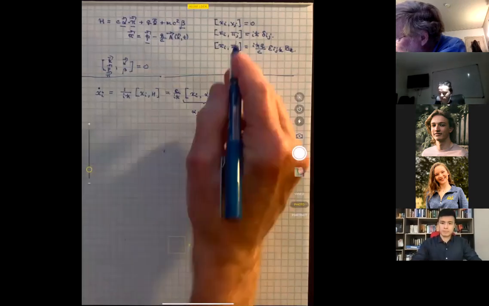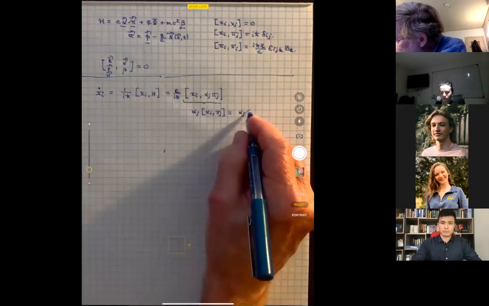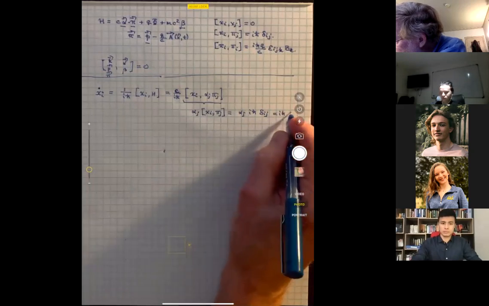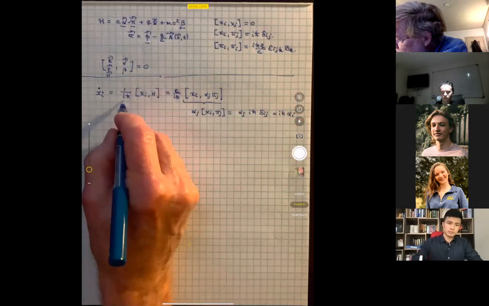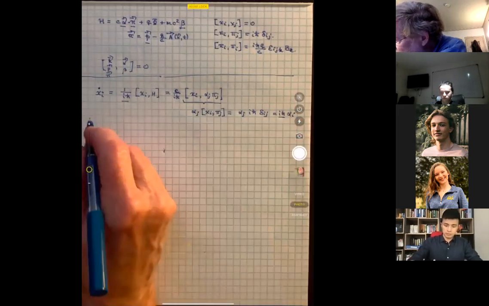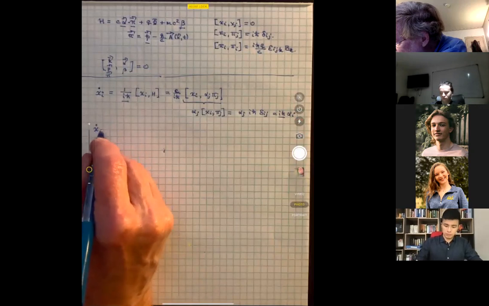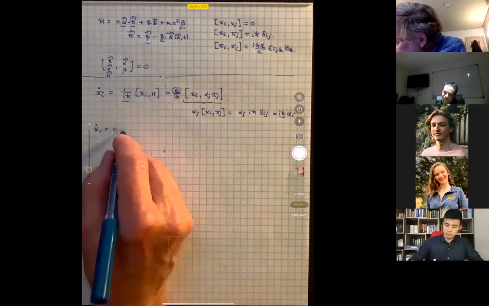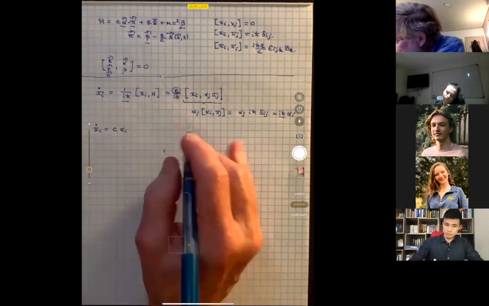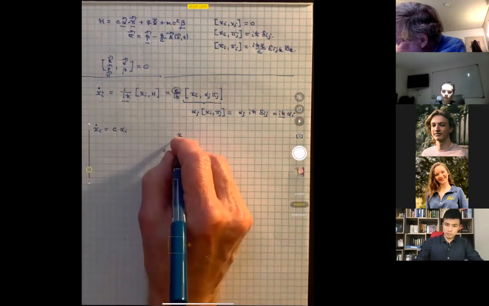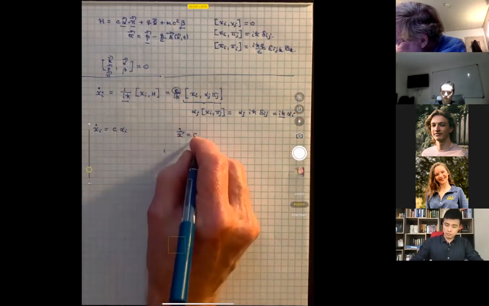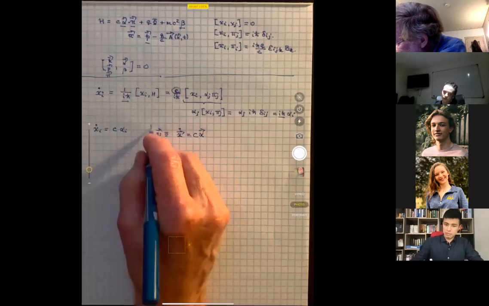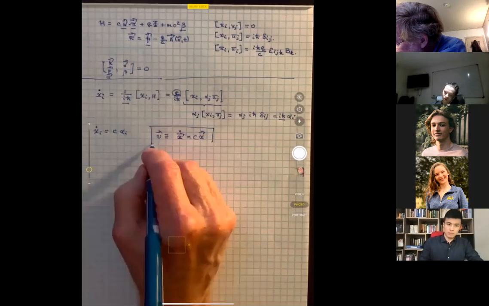And by our table up above here, this becomes αⱼ times iħ times Kronecker delta ᵢⱼ, which is equal to iħαᵢ. Then the iħ denominator here and the iħ numerator up there cancel, and what we end up with is that ẋᵢ is equal to, the c still remains here, c times αᵢ. Or to write this out a little more compactly, let's write x vector dot is equal to c times α vector, and this we can define as being the velocity operator for the Dirac theory. Let me box that because that's an important result.